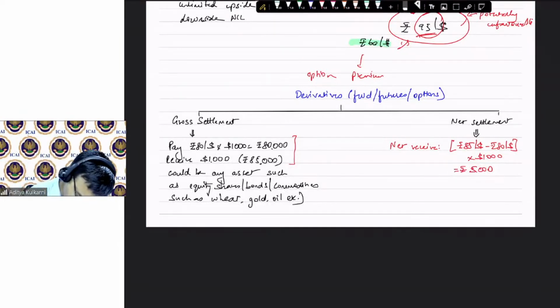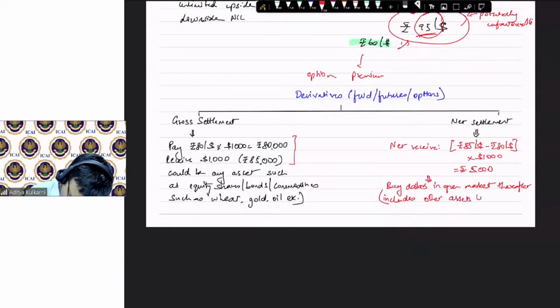So you can thereafter buy the dollars or whatever asset it is from the open market. Okay. So buy in open market thereafter. Okay, and this could include other shares, other assets like equity, bonds, commodities.